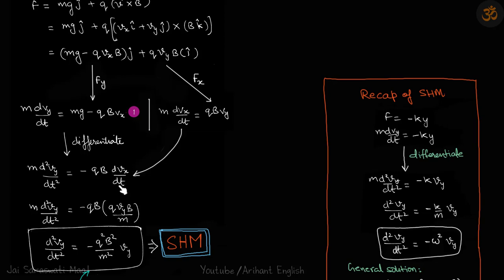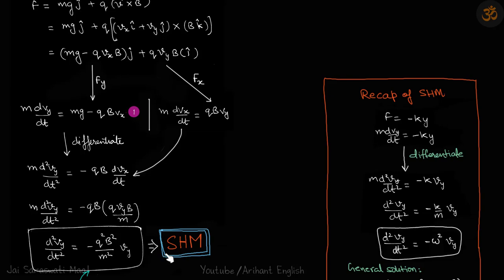Now dvx by dt we will put from here, which will be qB vy by m. So once we put that and simplify, we get our equation d2vy by dt square is equal to minus q square B square by m square vy.